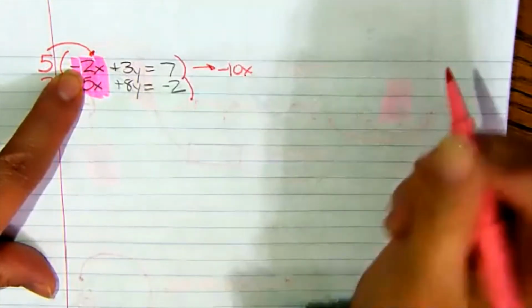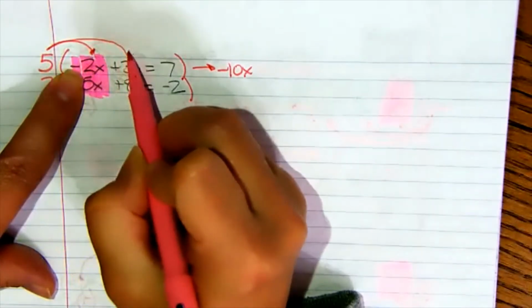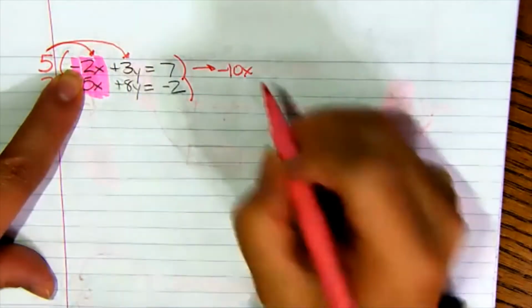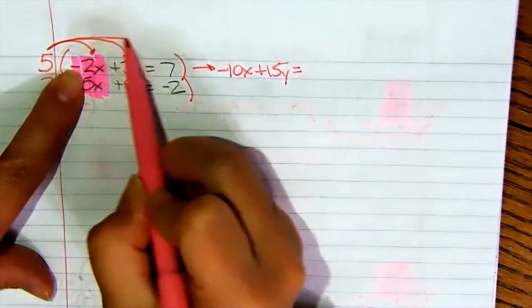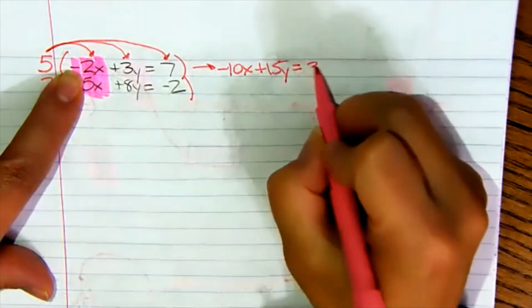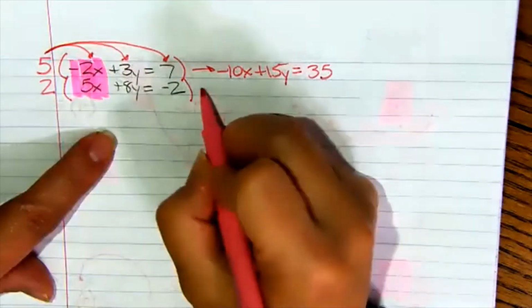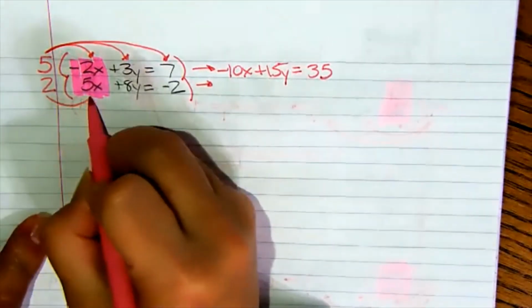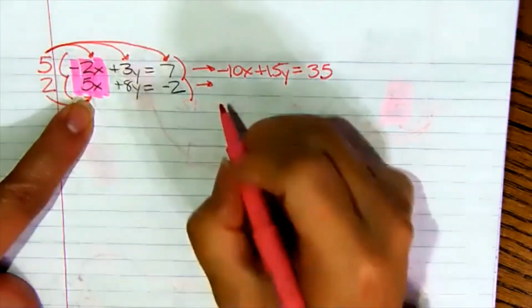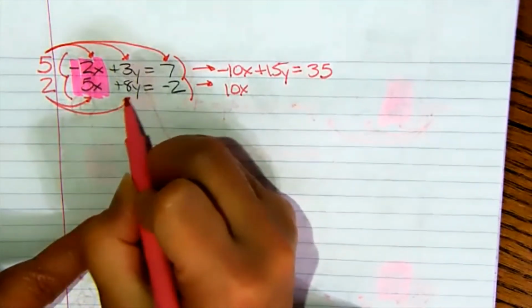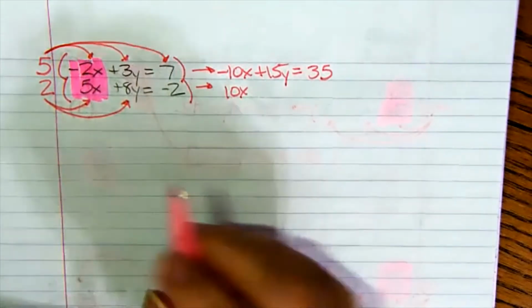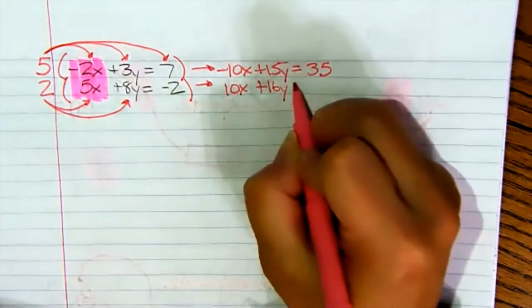So distributive property, 5 times negative 2x is negative 10x. 5 times 3y is positive 15y. And 5 times 7 is 35. 2 times 5x is 10x. 2 times 8y is 16y.